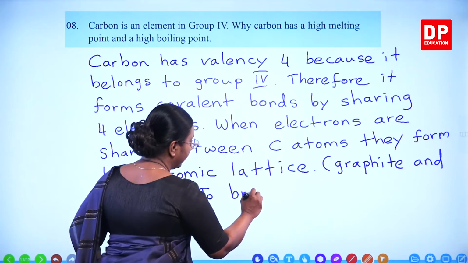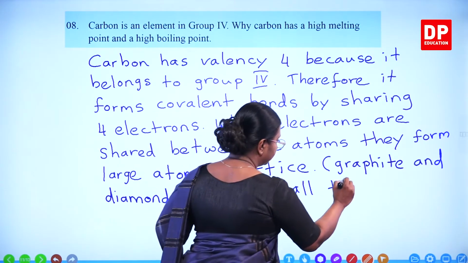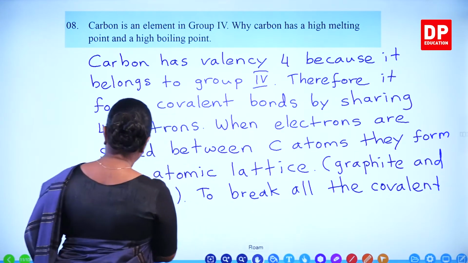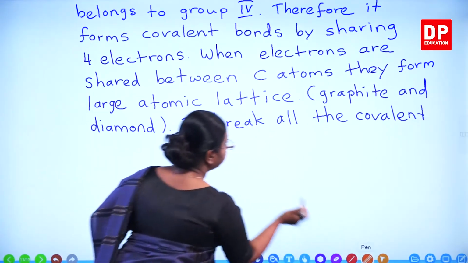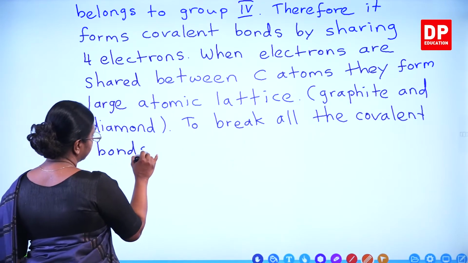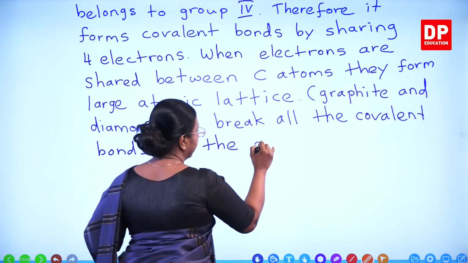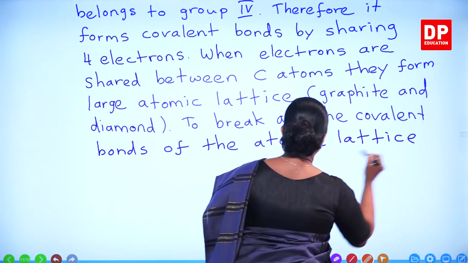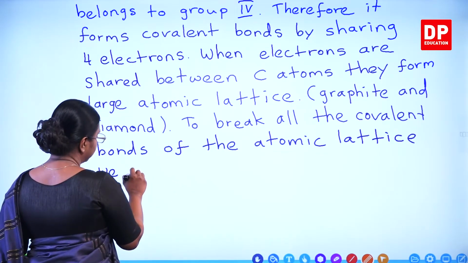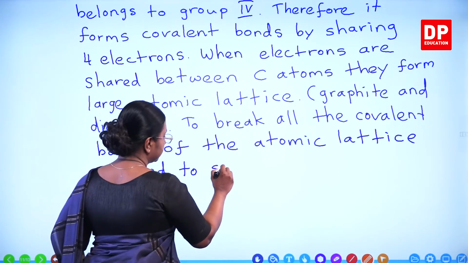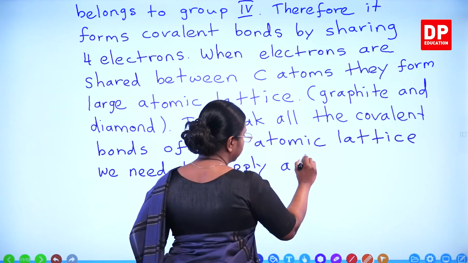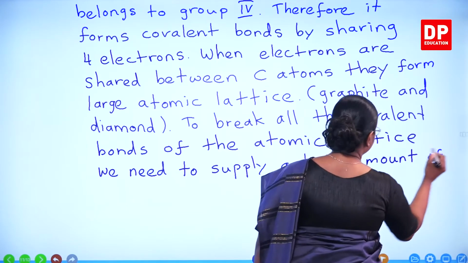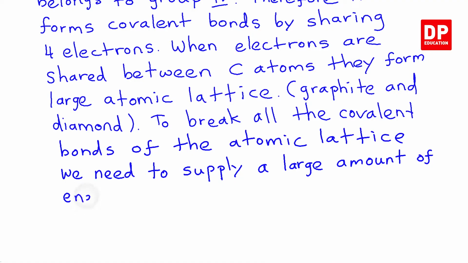To break all the covalent bonds of the atomic lattice, we need to supply a large amount of energy.